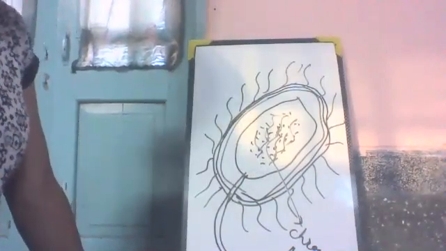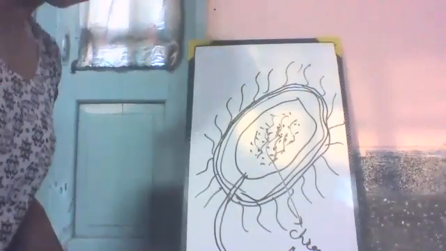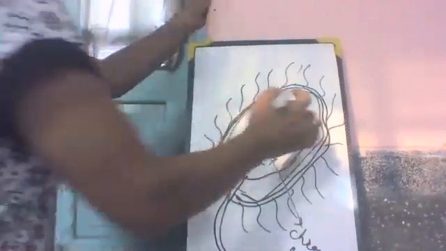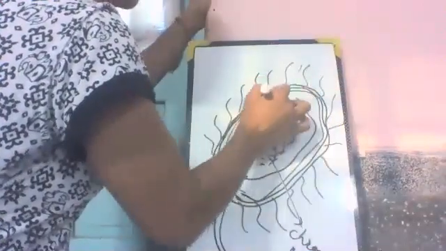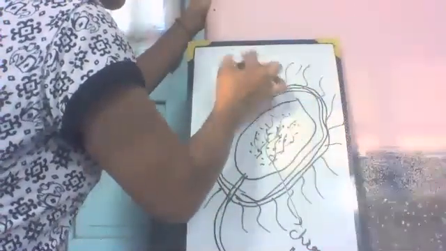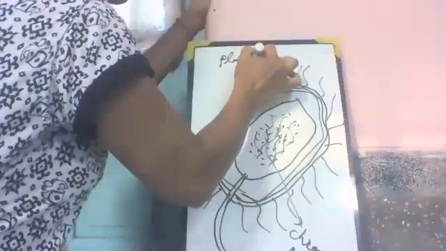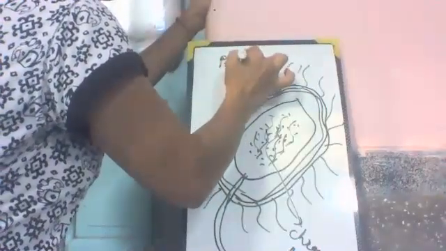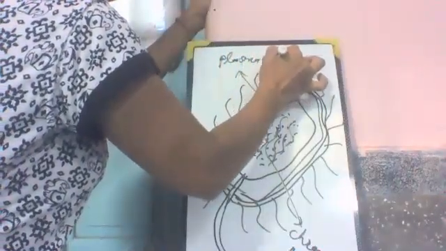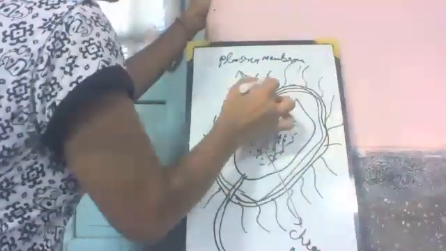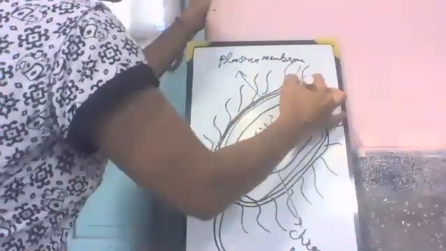The plasma membrane is surrounded by a rigid cell wall. See, three layers are there. Innermost is the plasma membrane. After that, there is a cell wall.